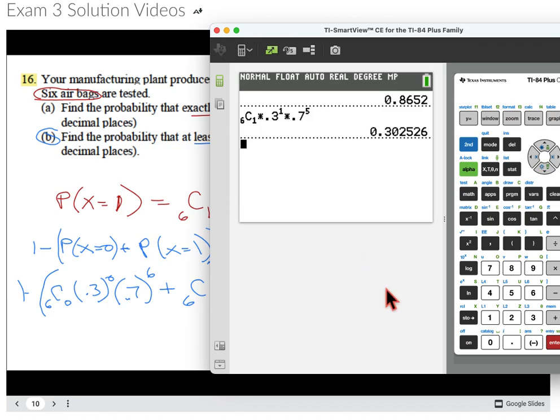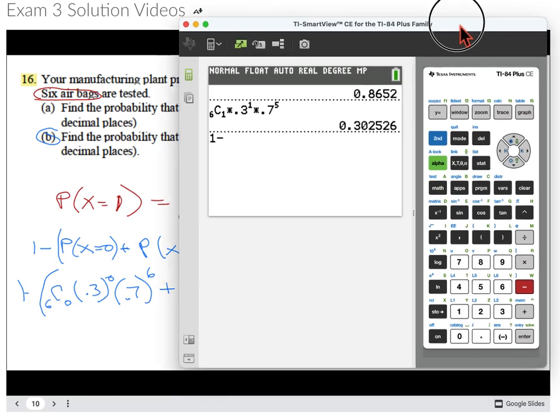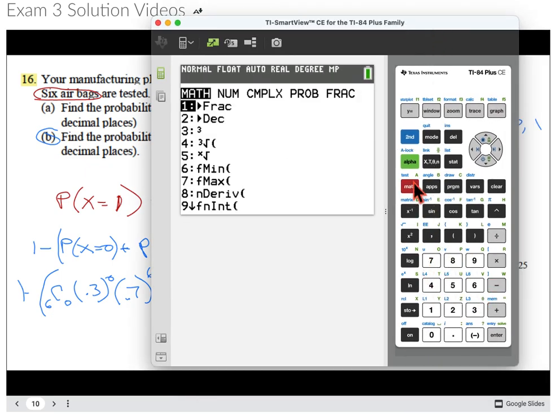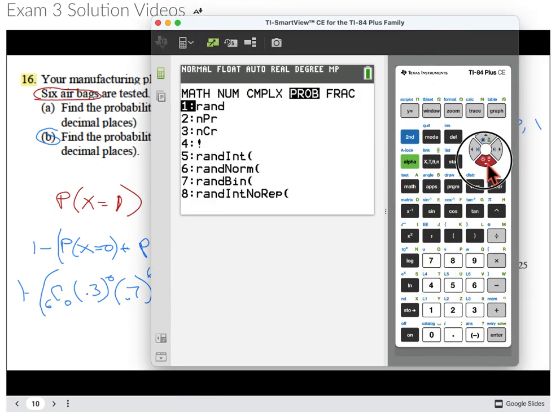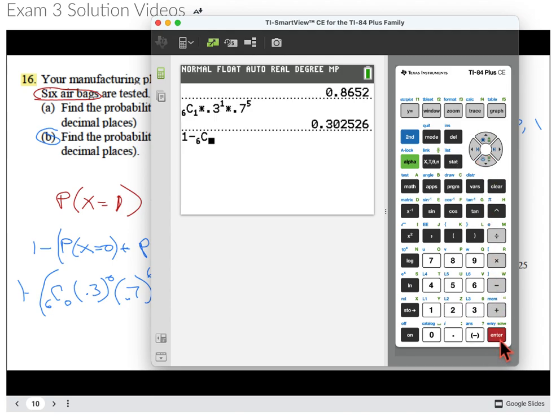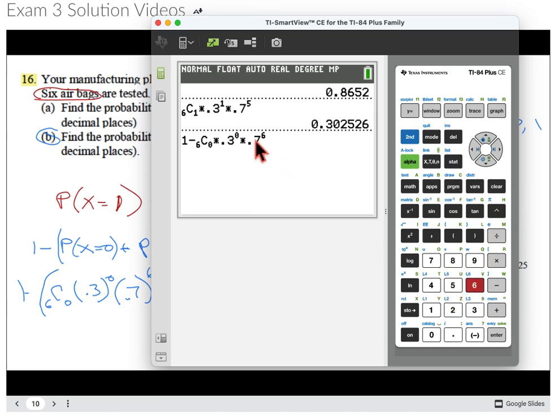And for this one, again, you could do it multiple ways. Let me just go ahead and do this all in one line. So 1 minus math probability. Go 6 choose 0 times 0.3 to the 0 times 0.7 to the 6th. 6 plus 0 is 6.